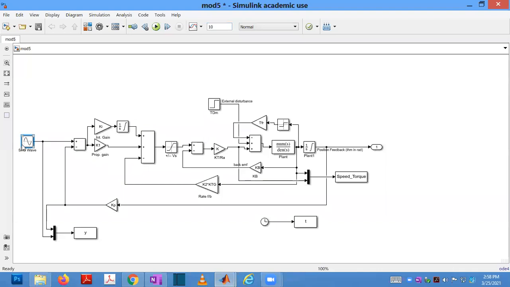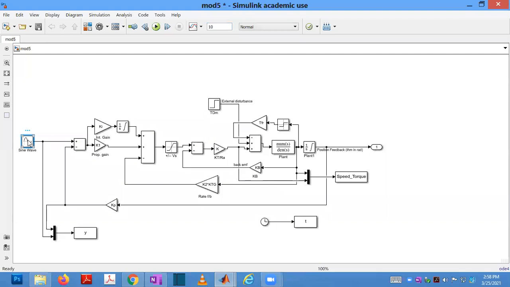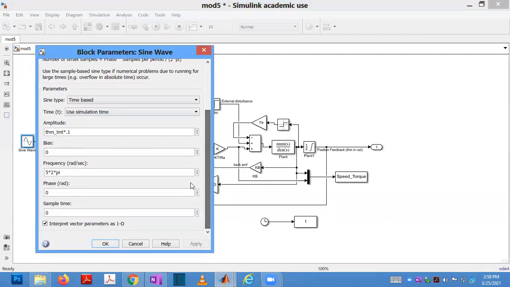And you have to use a sine wave. For the input I am using theta limit multiplied by 0.1, and you have to use a frequency of 5 into 2 pi. You are using hertz and here it is radian per second, so 5 into 2 pi you have to use.